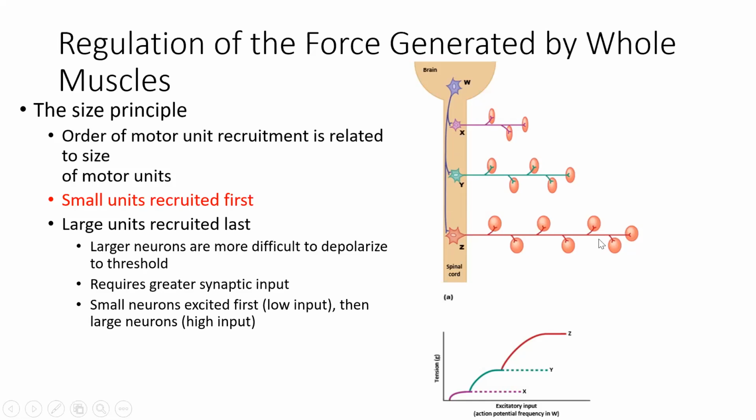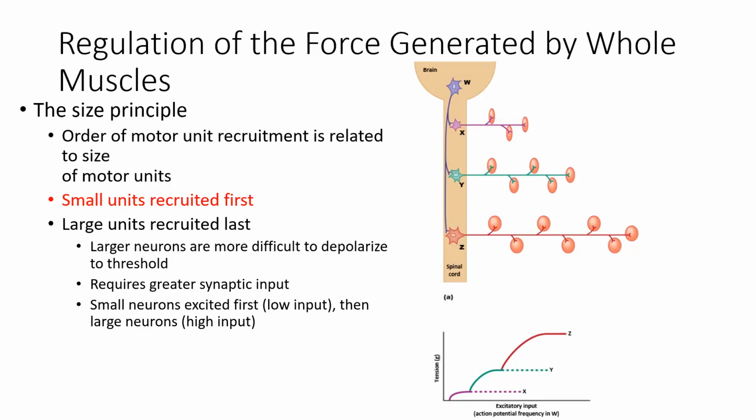Okay. So let's talk about the size principle here. And the size principle is really tying all those factors together. So we recruit smaller motor units first, okay? And that only makes sense. Small motor units are easier to depolarize, whereas large neurons are harder to depolarize.